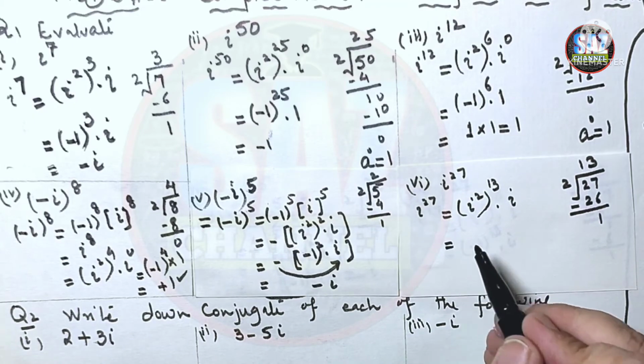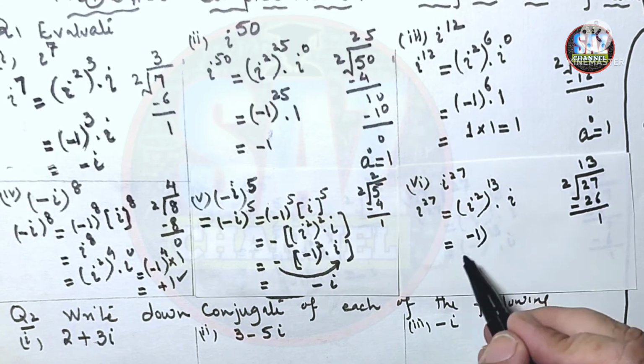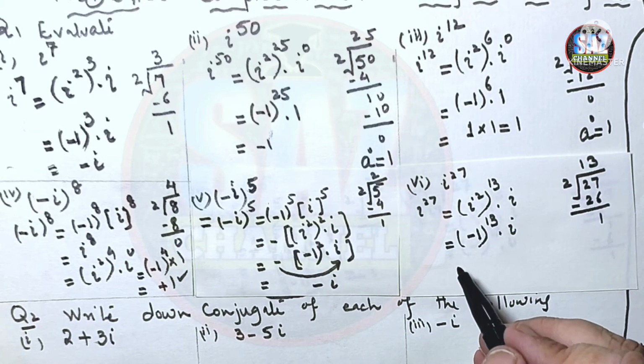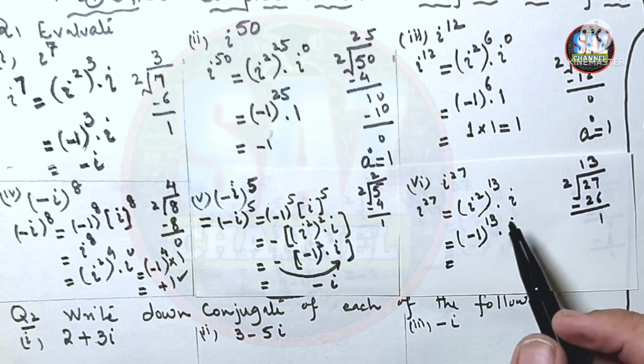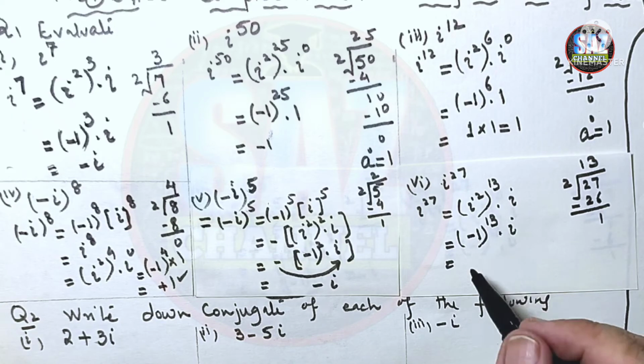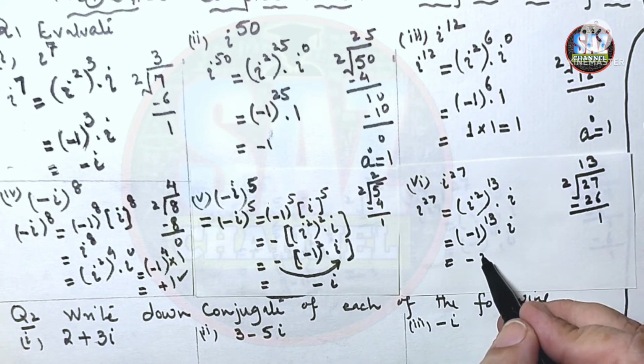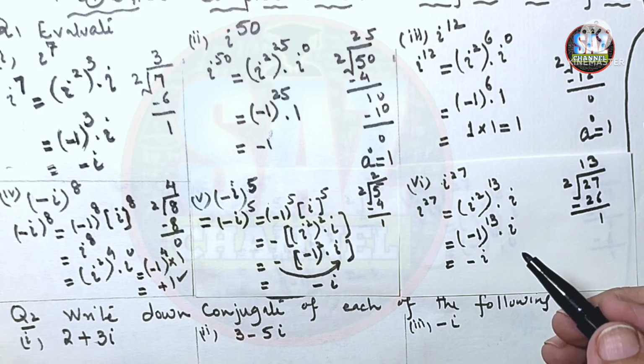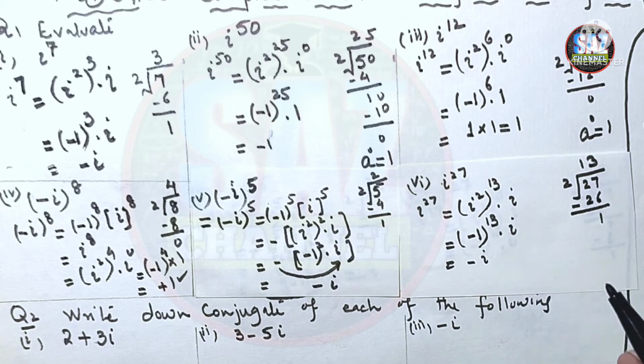Iota square has a value minus 1 raised to power of 13 multiplied by iota, and now we know that odd powers of minus 1 will be giving me answer minus 1. So, that is why iota 27 will be giving me answer minus iota. Really important questions for your board examination.